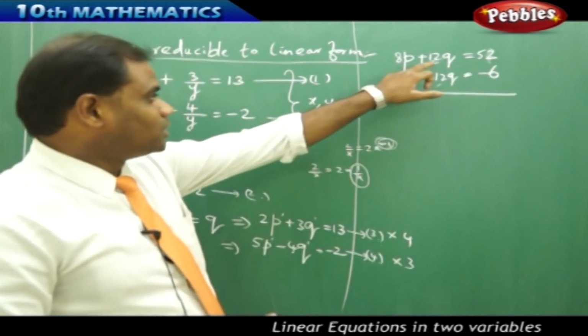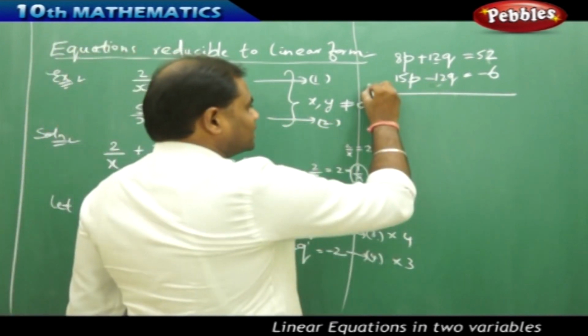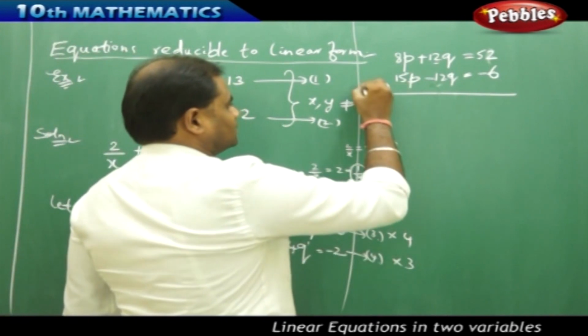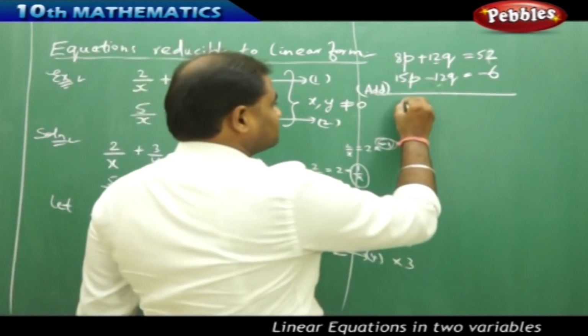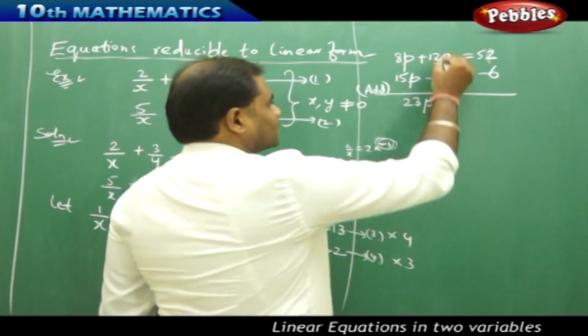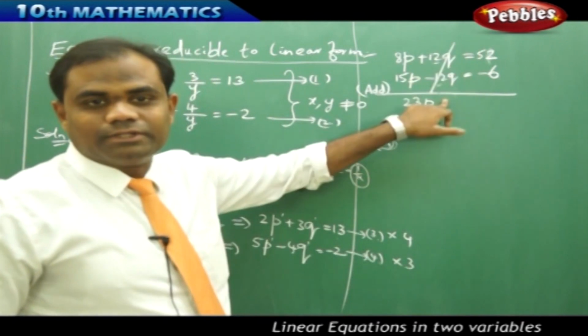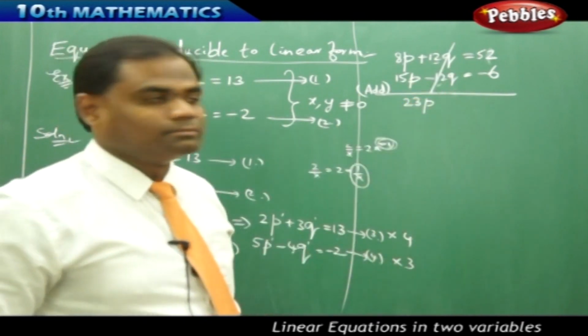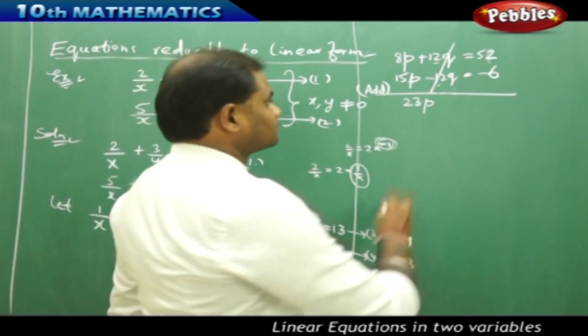Now, since these two coefficients are equal, differing by a sign, this can be eliminated or cancelled if I add, so that 8p plus 15p gives me 23p, and the q term gets cancelled because 12q plus minus 12q just eliminates the q term. This is the reason why I have used the elimination method.